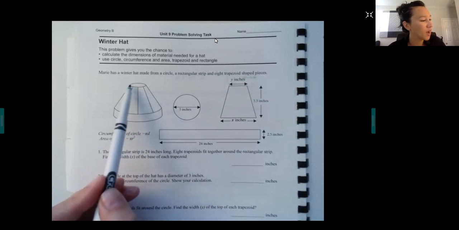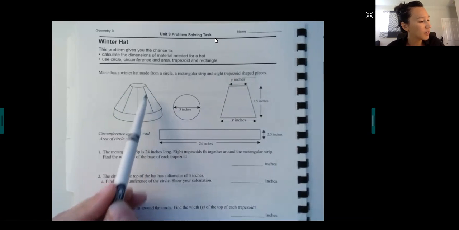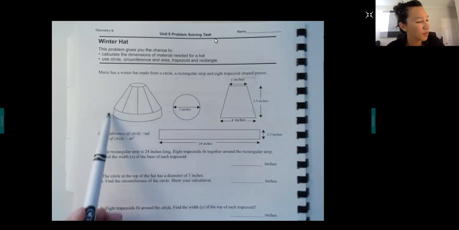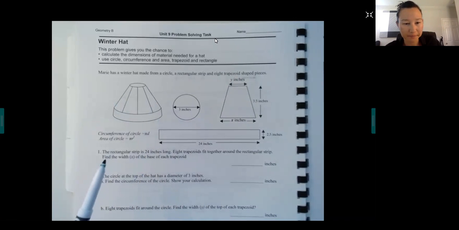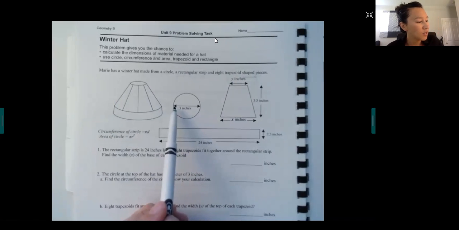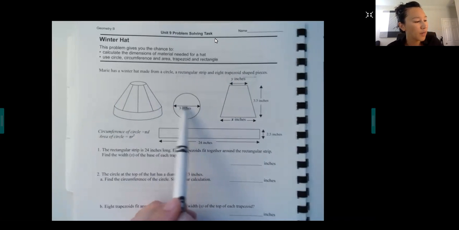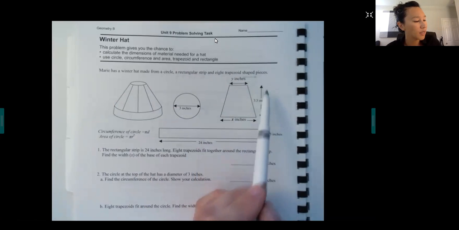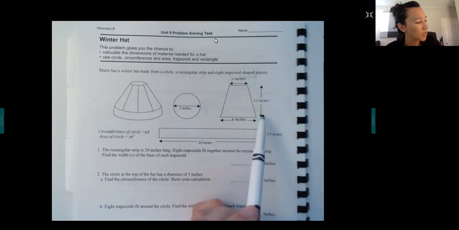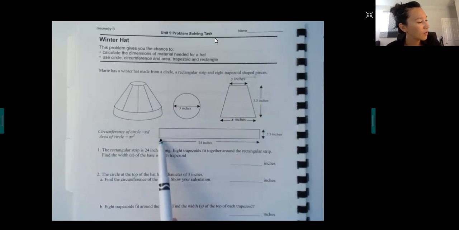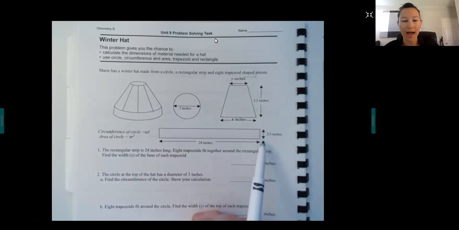There's a circle on the top, and then these trapezoids, and then this rectangular piece that wraps around. Using the information they've given us, the circle's diameter is 3 inches, the trapezoid's height is 3.5 inches, and the rectangle is 24 inches long and 2.5 inches high.